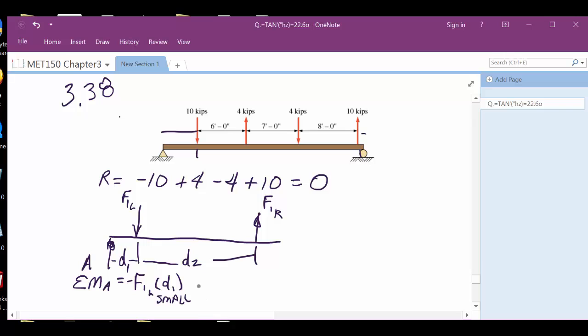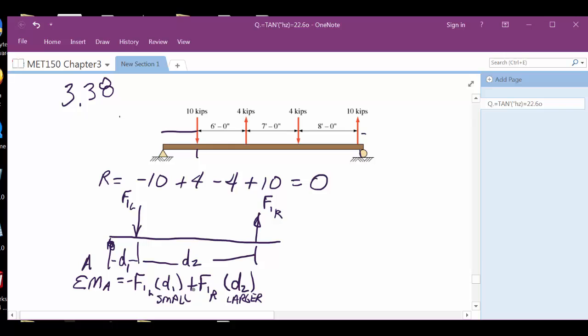And then I've got the other force, same force relationship, times D2, which just happens to be larger.